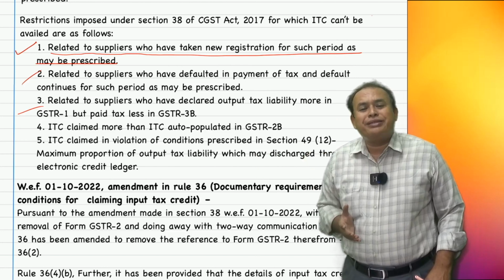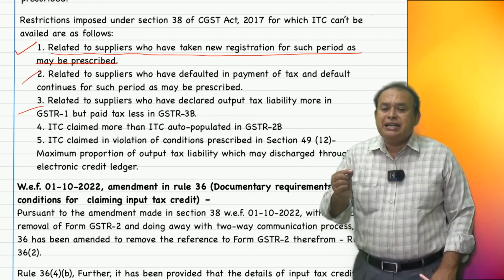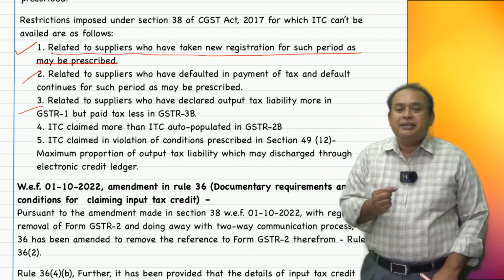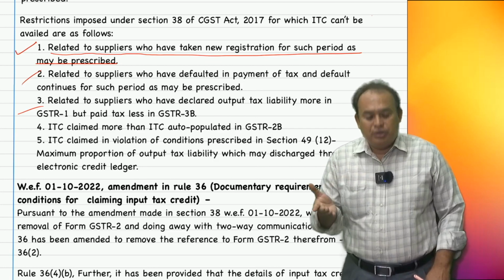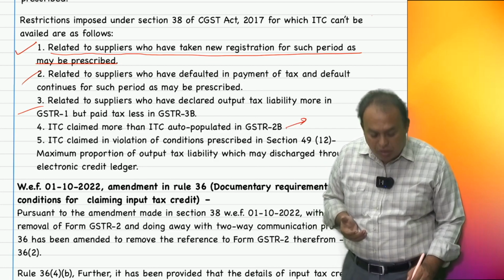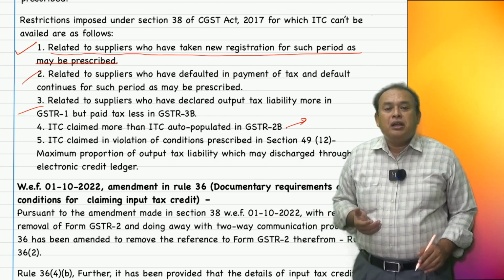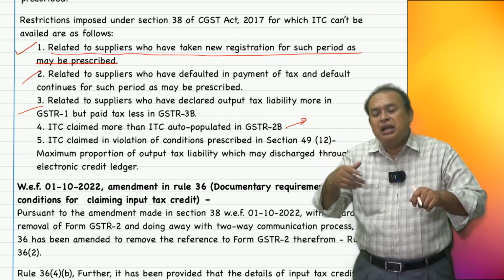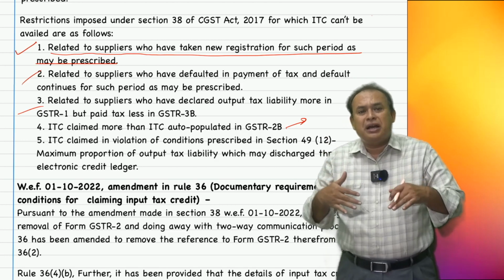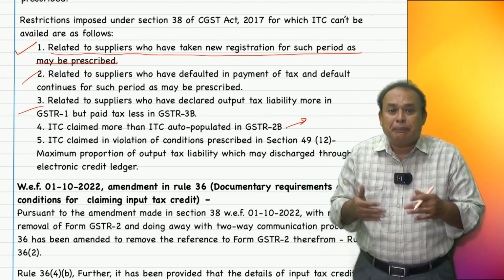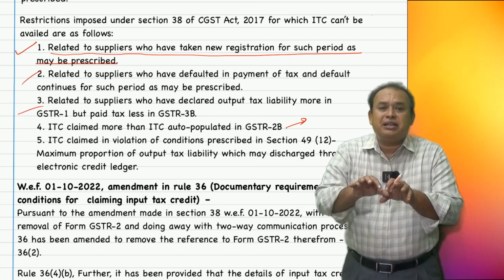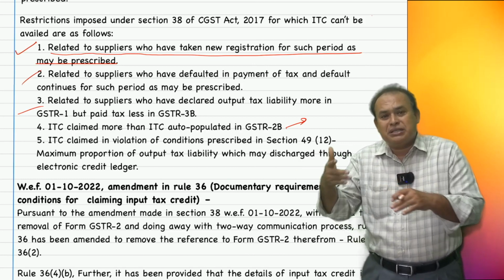ITC claimed more than ITC auto-populated in the GSTR 2B. Now it is not possible, this point is not possible now because you are not going to interfere. Earlier, GSTR 2B was a static report, and apart from that, the electronic credit ledger permitted us to add some additional credit for omissions which had taken place earlier.